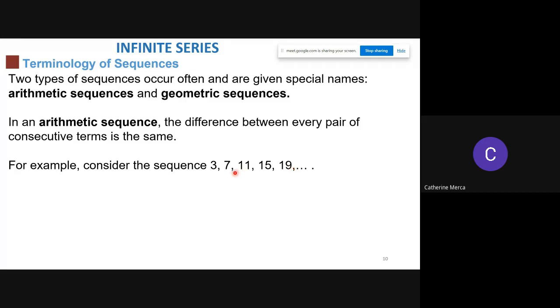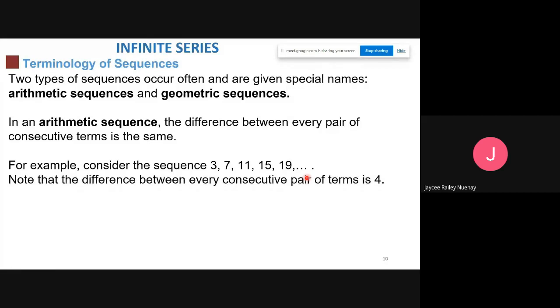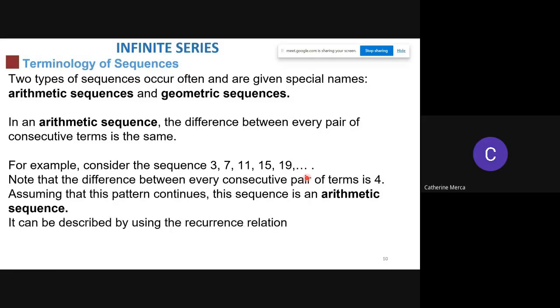So if I ask you what is the 100th term, a sub n is equal to a sub 1 plus n minus 1 times d. So you actually have the following. A sub 1 is 3. A sub n is a sub n minus 1 plus 4. But you have to assume that this pattern actually continues, and it is an arithmetic sequence.